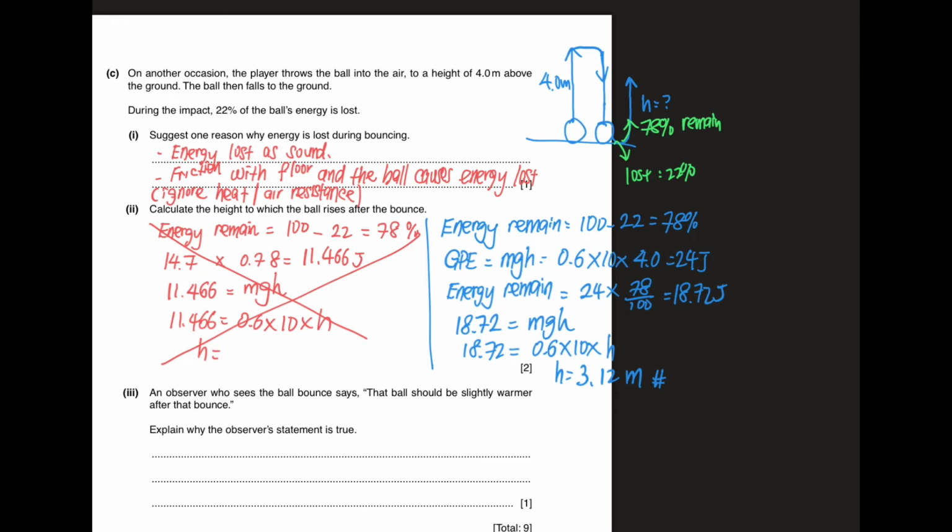Okay, 3.12. Yeah. How did you times 24 with 78 over 100? Because 78%. So that's why I times 78 over 100.